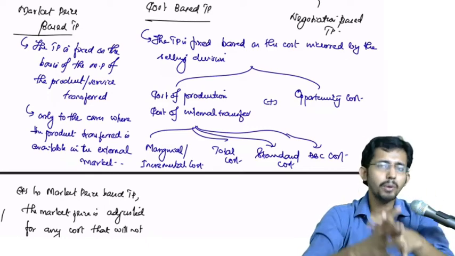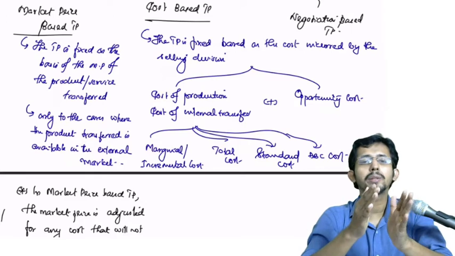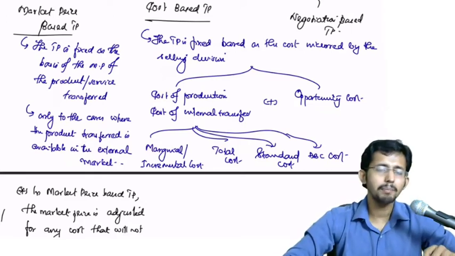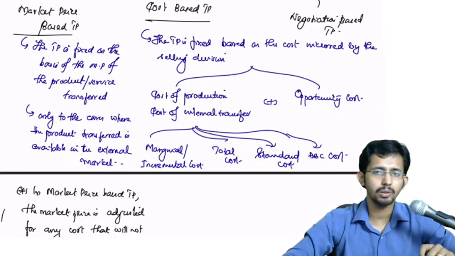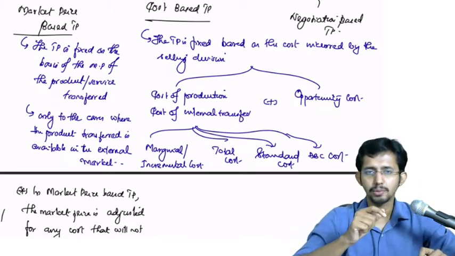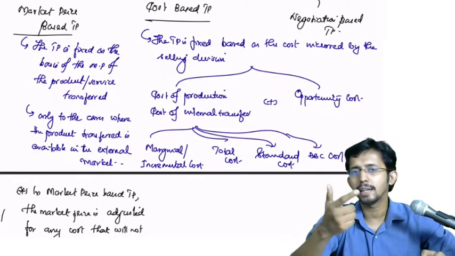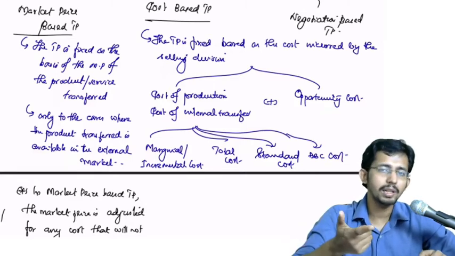Depending upon the type of cost, you will change your percentage of profit margin required. If you are charging marginal cost as your basis of costing, then the profit margin which you are charging to fix the transfer price will be fixed in such a manner that it will cover the fixed overheads also.